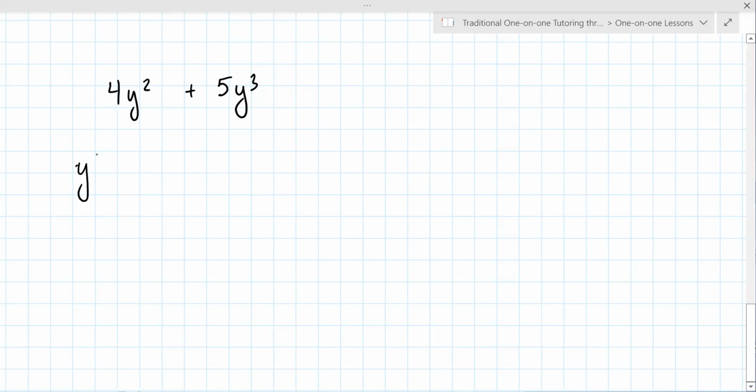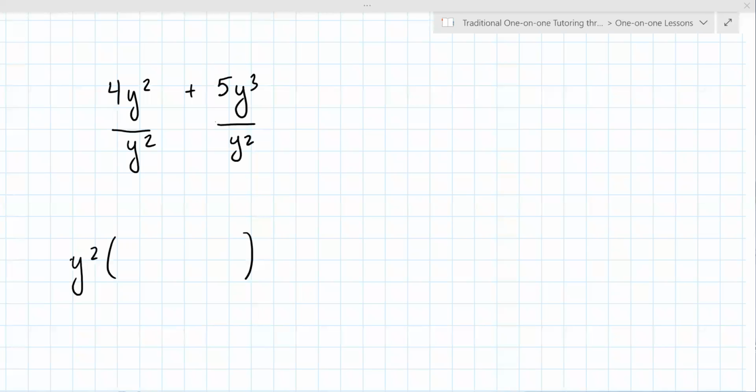So y squared goes on the outside. And then, because I've got plenty of room here, you can divide each of these by the y squared. So can you tell me what goes inside parentheses here? Four plus 5y. Yes, very good.